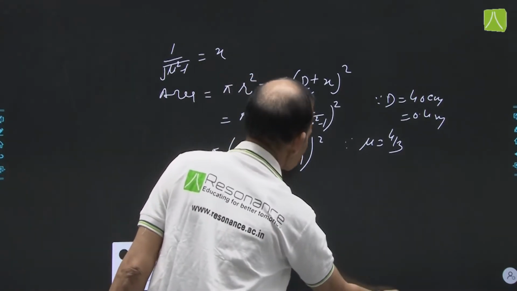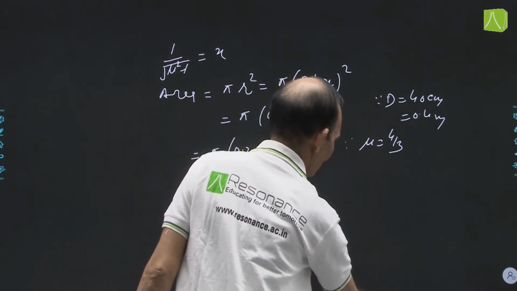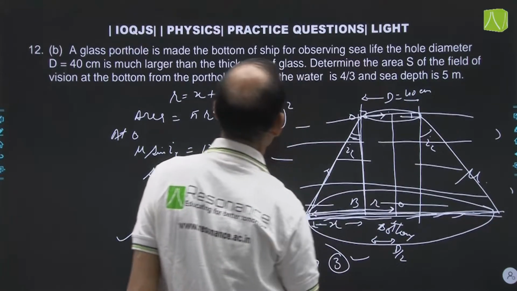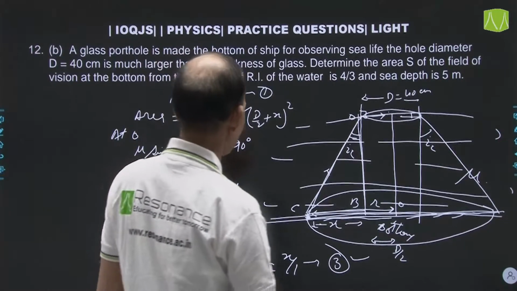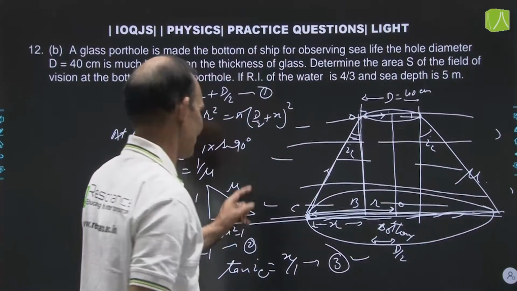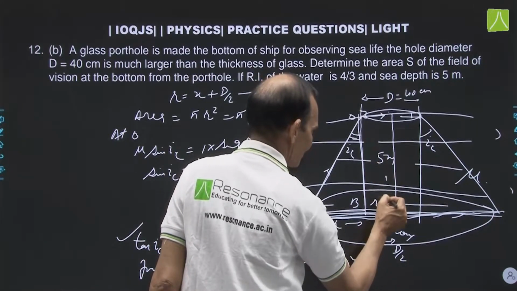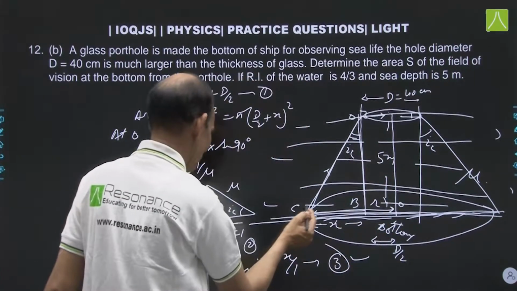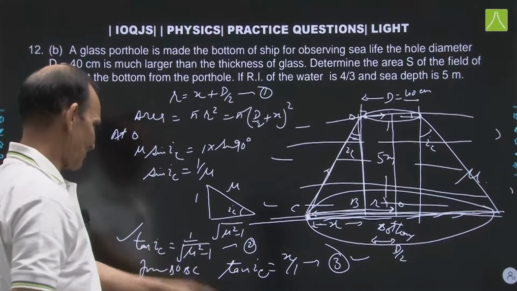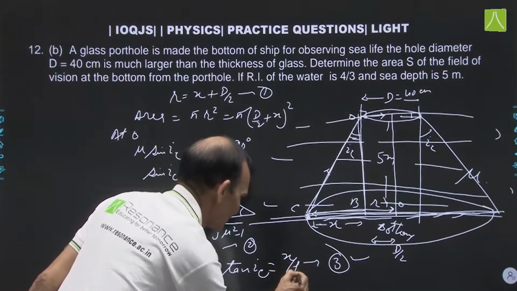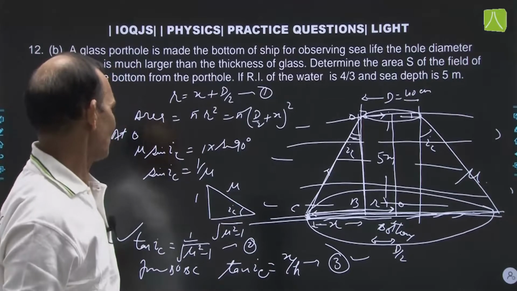Now think about this. It is question 17. Now I want the question, this one. It is 5 meter given. It is x upon h.